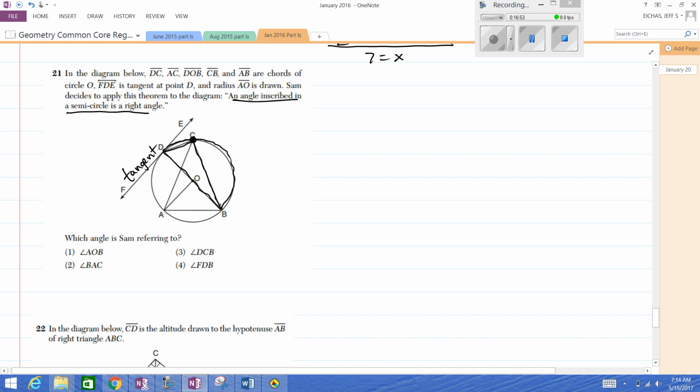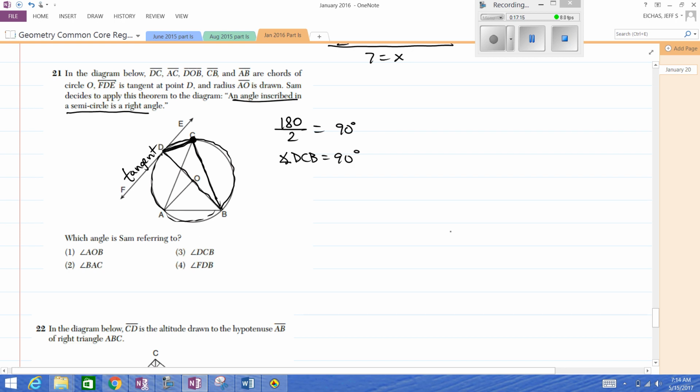There's another reason, you know, you've got this inscribed angle is opening up to a semicircle. Again, so that relationship is half, so 180 divided by 2 is 90. So yeah, angle DCB is your right angle.